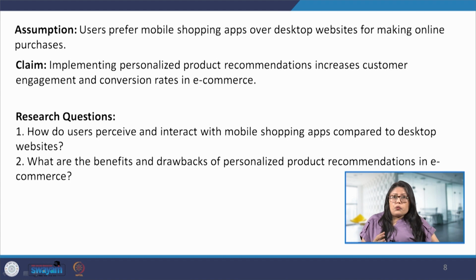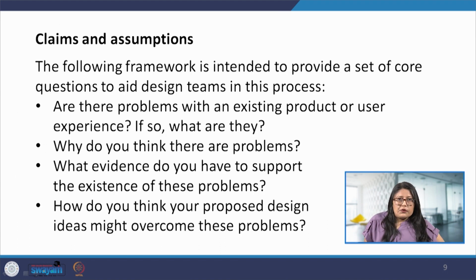The research questions will help us check whether an assumption is true or not, and depending on the problem that we are trying to explore, we can take this forward. The research questions will help us create our objectives, and then we can find methodologies to explore them further.